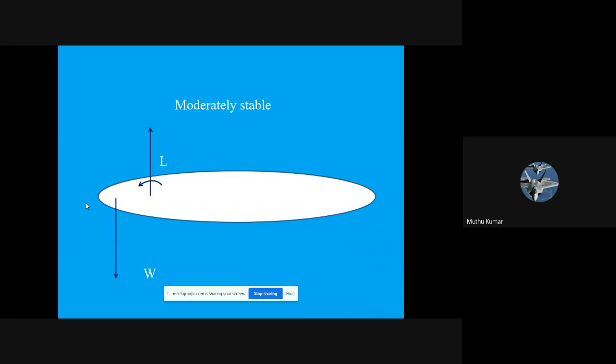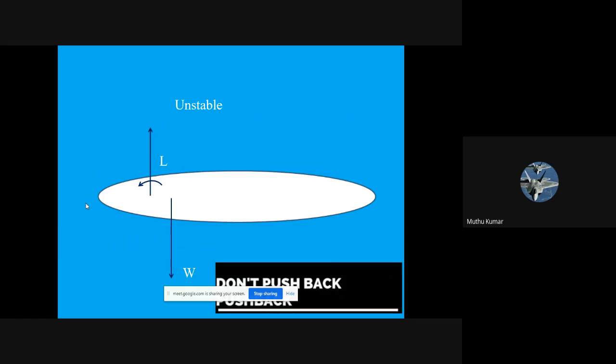Okay, so this is moderately stable. Then we can bring CG a little backward. Suppose the weight comes exactly on the lift vector, that is neutrally stable. If it goes behind, it becomes unstable. As simple as that. So what I am saying is, positioning the CG is very important in terms of stability.